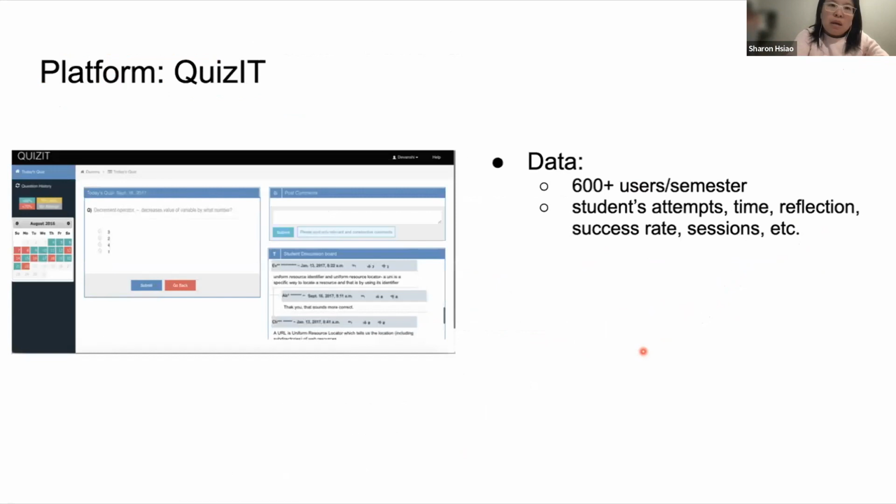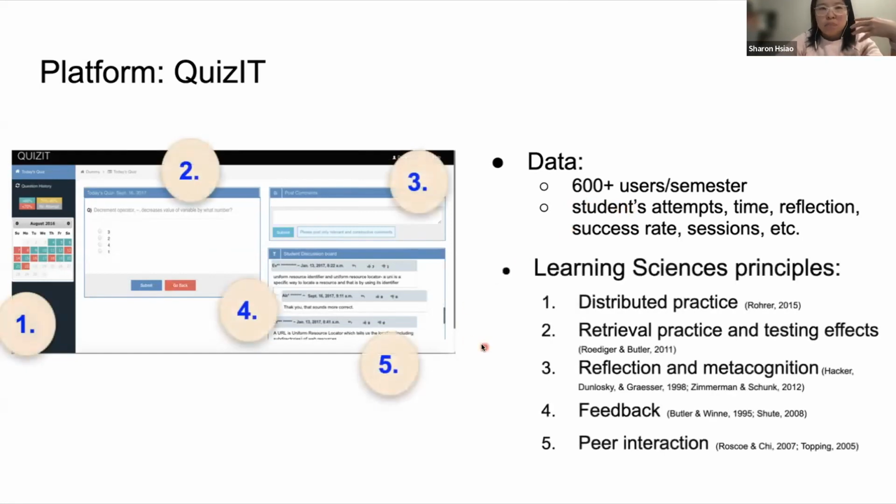One of the tools that we have to investigate how students solve programming problems is called Quizlet. If you look here, the questions being asked are just about operators and definitions. We designed this tool for lower-level programming language courses, with about 600 users per semester.